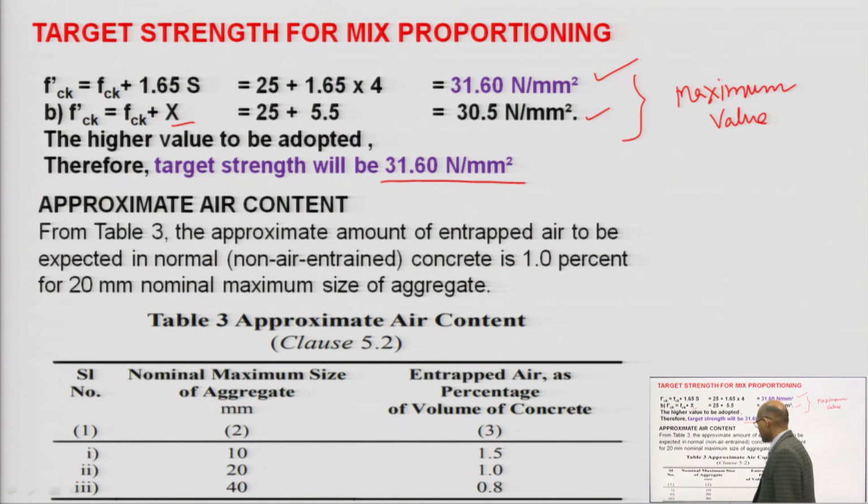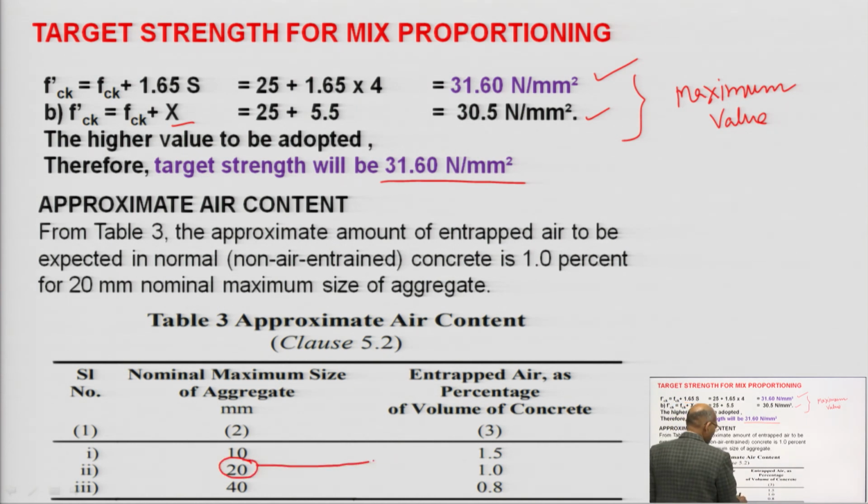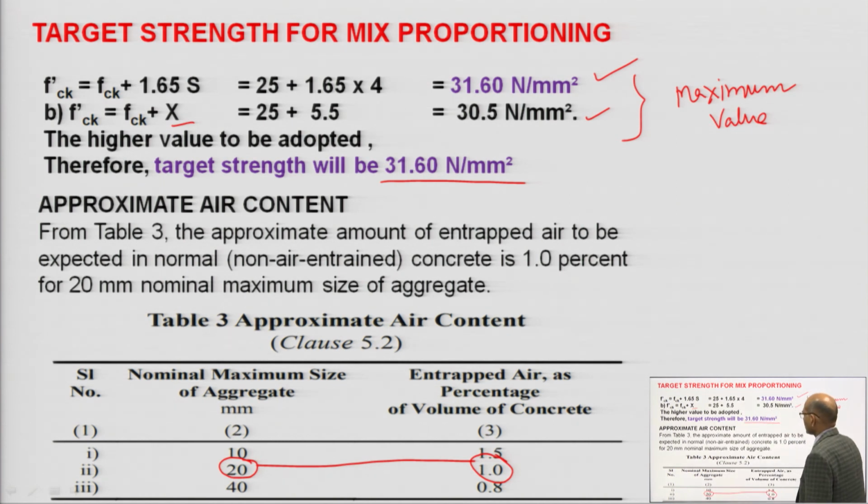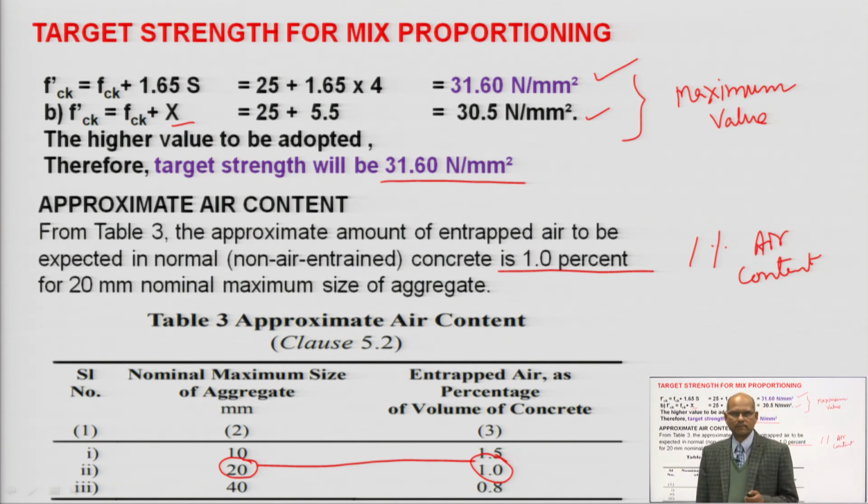In our case, the maximum size of aggregate is 20 mm. So, for 20 mm you can consider 1%, and we can expect 1% air inside the concrete. Okay. So, we have to consider 1% air content, and take that into consideration while doing the mix calculation.